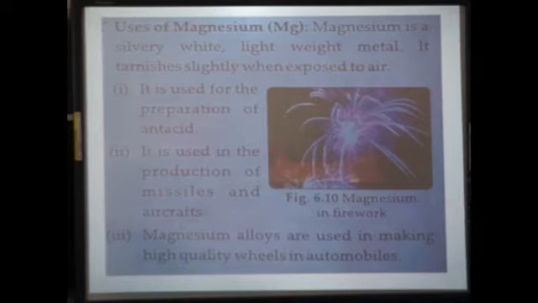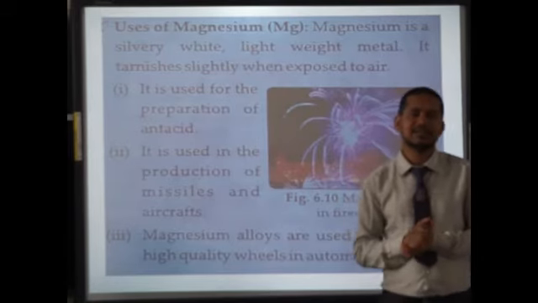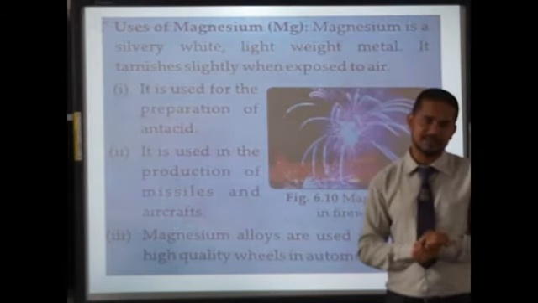So it is highly reactive, and it reacts with oxygen present in air to form oxide. Number one, it is used for the preparation of antacids. What is an antacid? An antacid is a substance that neutralizes acid.